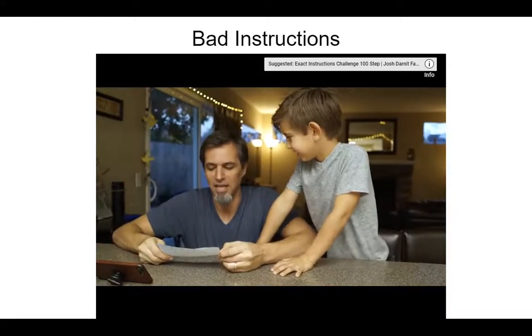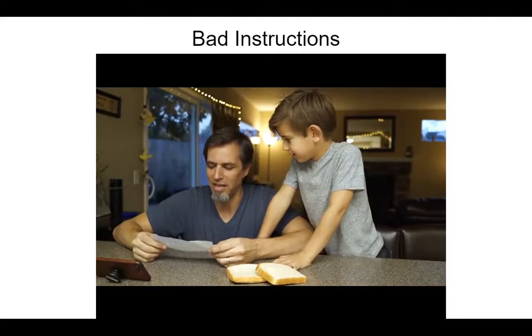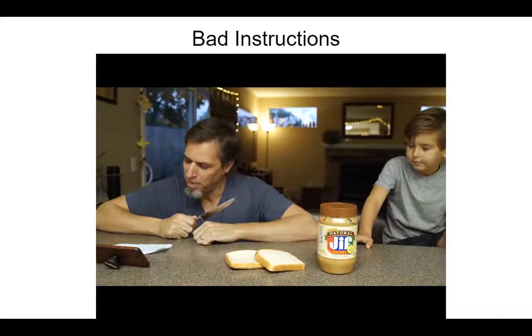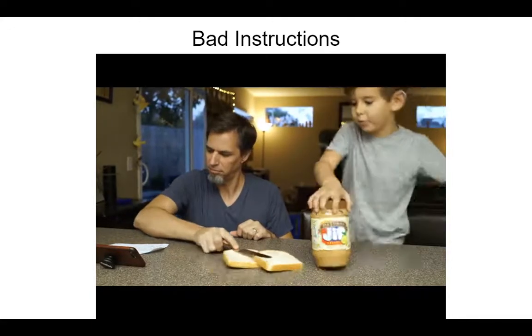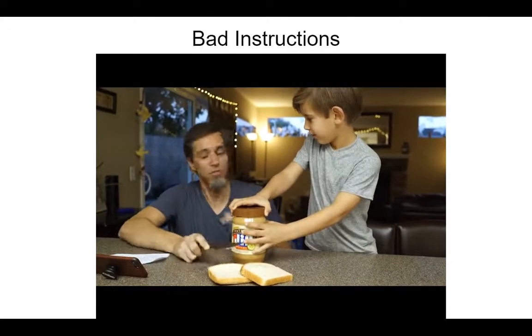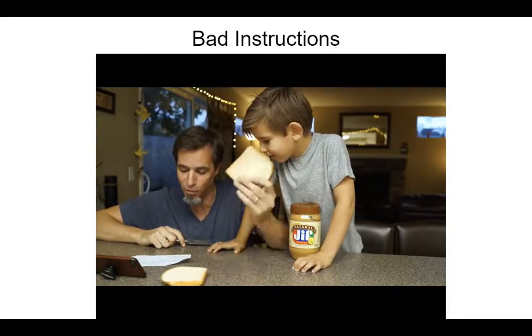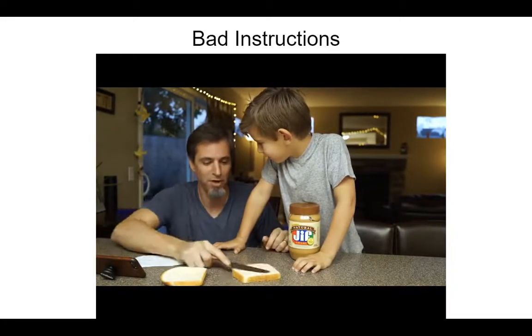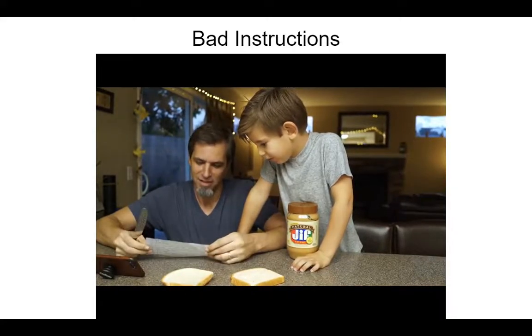Step 1. Get 2 pieces of bread out. Got 'em. Get a butter knife and get some PB. Take 1 piece of bread, spread it around with the butter knife. No, Dad, with the peanut butter. I'm just doing what it says. It says take 1 piece of bread, spread it around with the butter knife. Hold on.